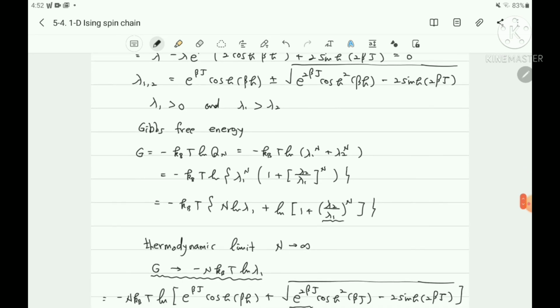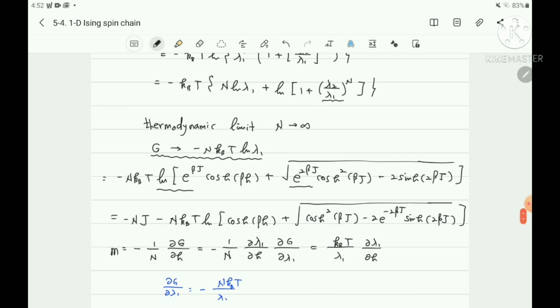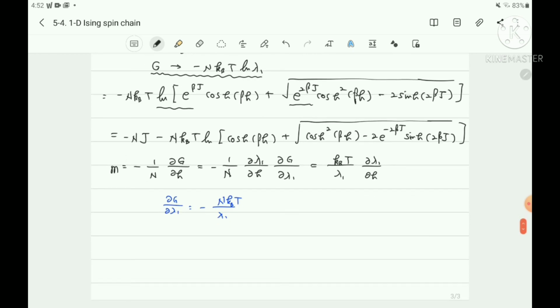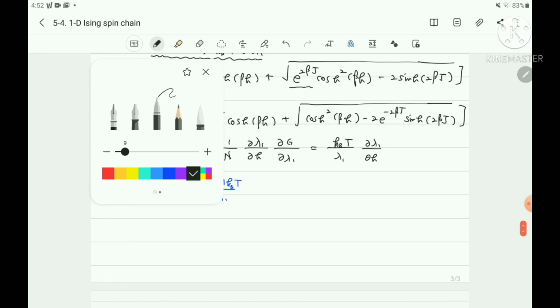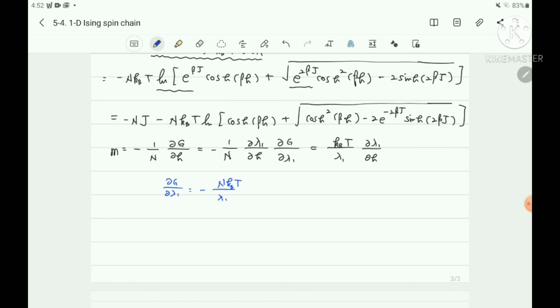It is beta h and beta h. Therefore we should calculate partial lambda 1 over partial h from the above equation, this equation star.